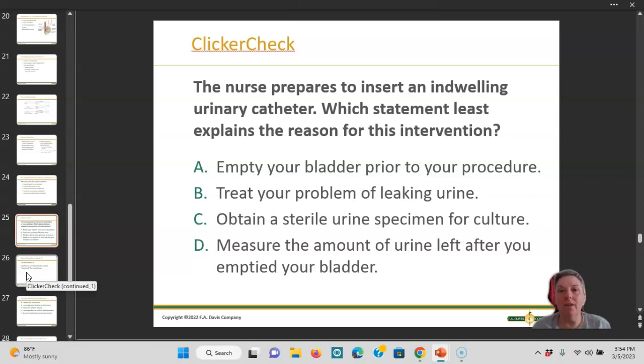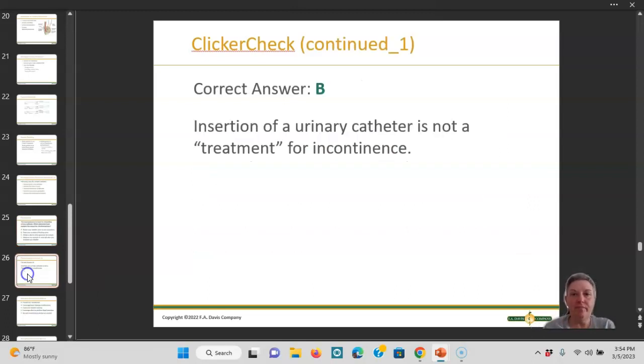Treating your problem of leaking urine is not a reason for a catheter. They're trying to see if you understand why you need a catheter and why you don't. Whether it's a straight cath or an indwelling, it's still a catheter. This is the only one you would not use a catheter for.